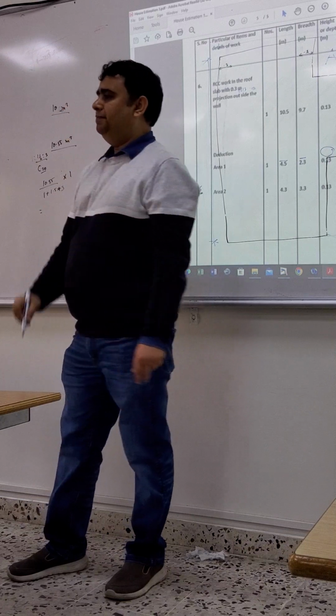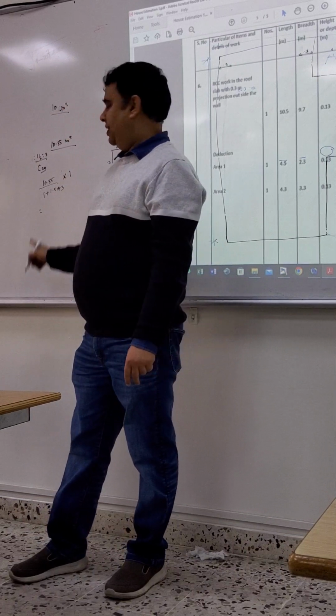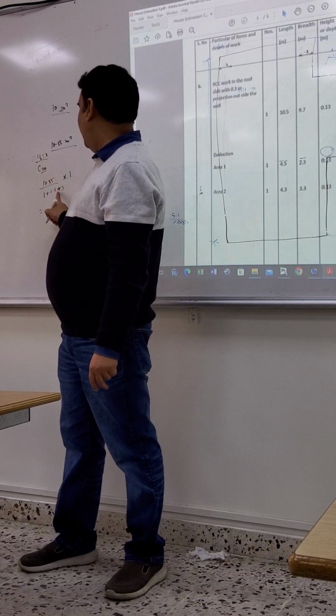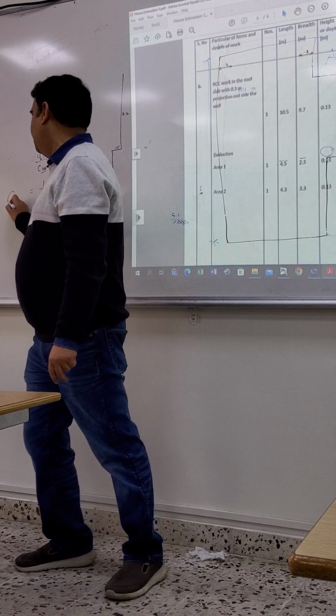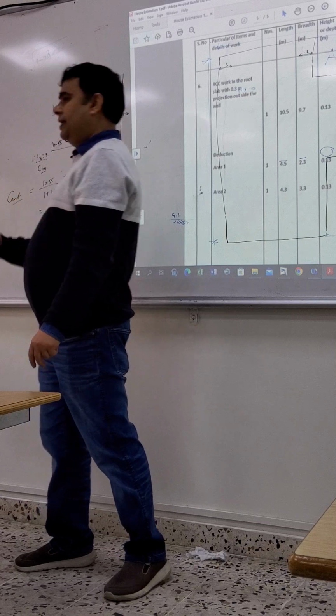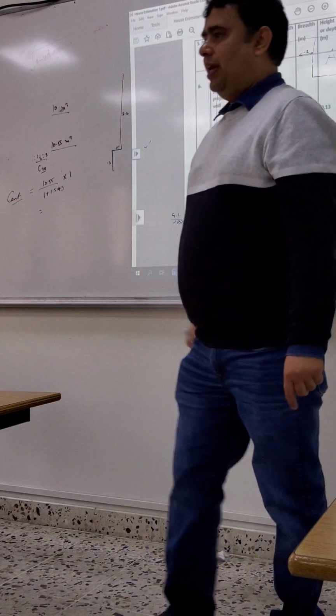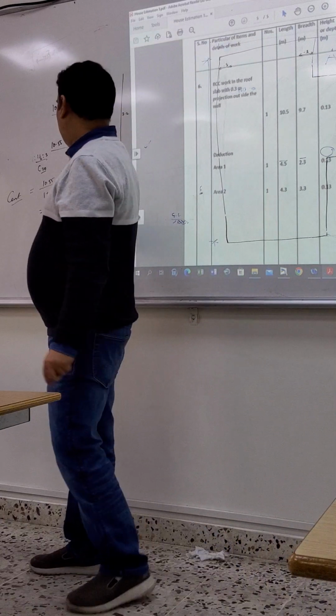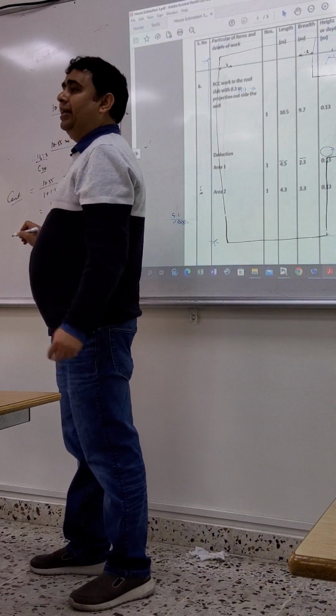How much is coming? 10.5. You have to add the ratio and multiply by this. This will give you the cement quantity. How much? 1.9.